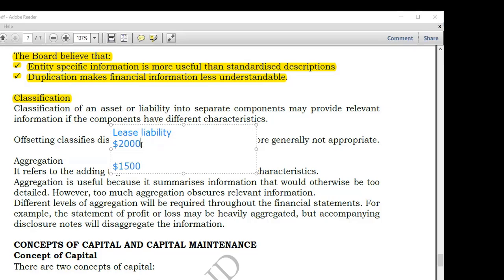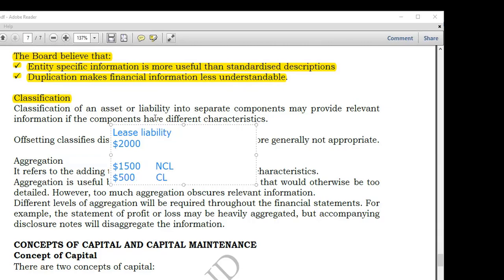Of this 2,000, after 1 year I would still have $1,500, meaning that this one is a non-current liability, right? Because non-current liability lasts for more than 1 year. So even after 1 year elapses, I would still be having 1,500. What would have vanished, $500, I would call a current liability. I hope you get me.